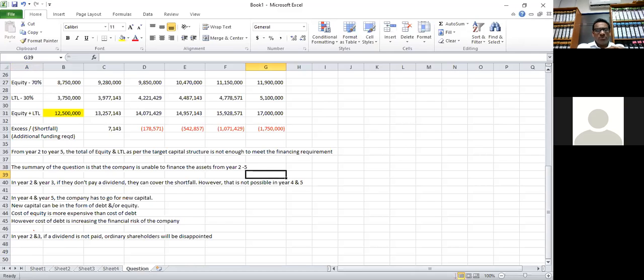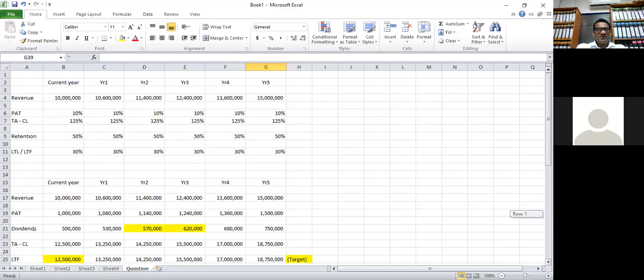Because if you want to maintain the same capital structure, the point is, if you want to maintain these assumptions, if you want to maintain this capital structure, you will never be able to meet the target. That is why we are saying these objectives are conflicting. You can't synchronize these objectives. These are conflicting objectives. One is affecting another.